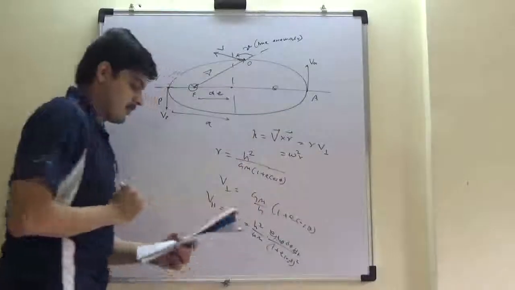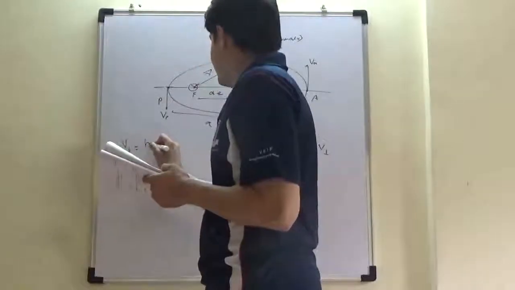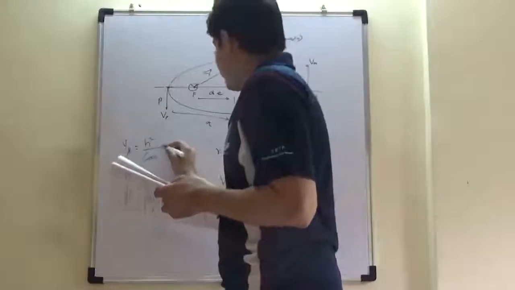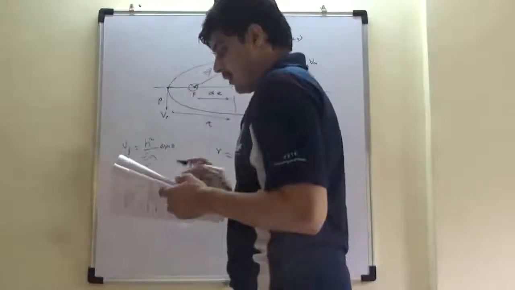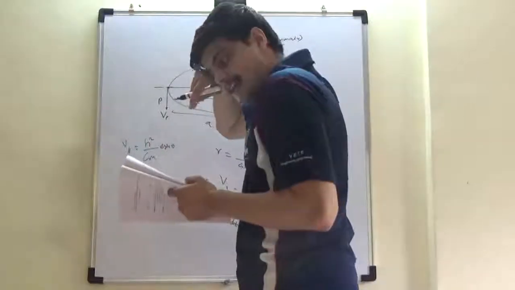So which means I can simply write here V parallel is h square upon gm e sin theta into gm square upon h raised to 4 omega r square.